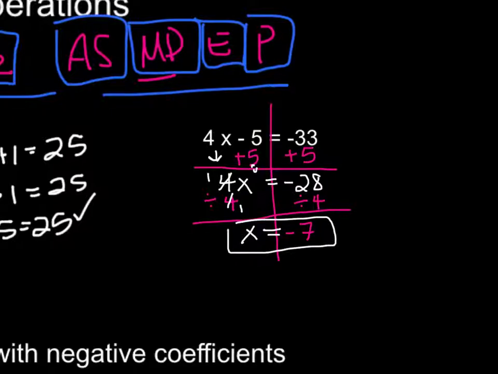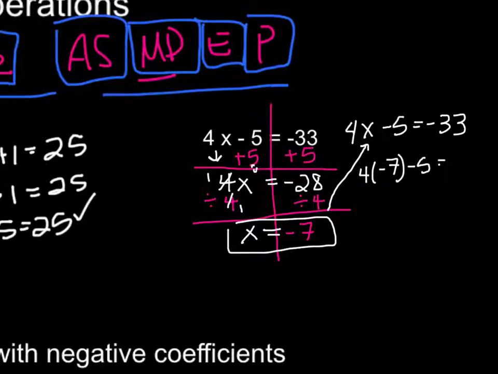Let's check our work. We have 4x minus 5 is equal to negative 33. We said just now that x is equal to negative 7, so we're going to put that in for x. We have 4 times negative 7 minus 5 is equal to negative 33. 4 times negative 7 equals negative 28, minus 5 is equal to negative 33.